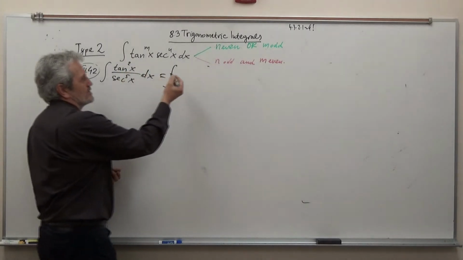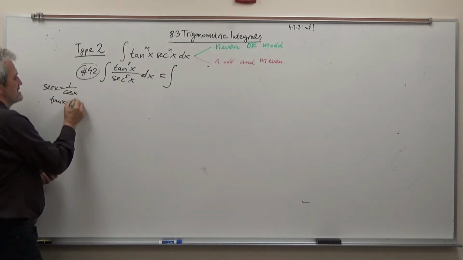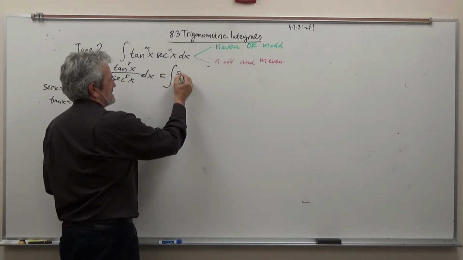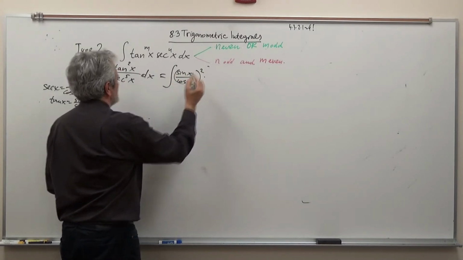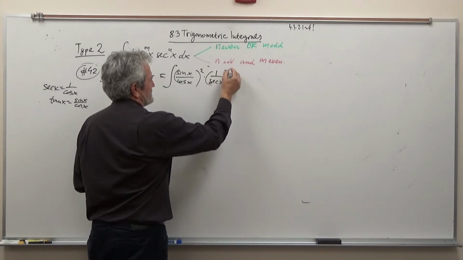So we trade tan, we know that tan x is sine x over cosine x. So we get sine x over cosine x squared times a reciprocal of secant x to the 5th dx.